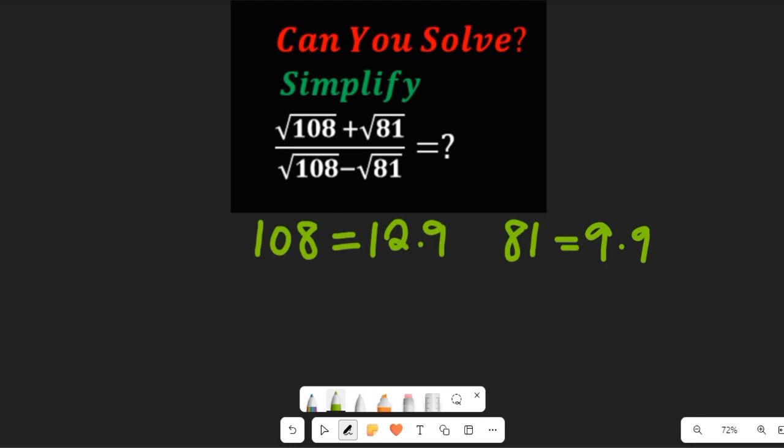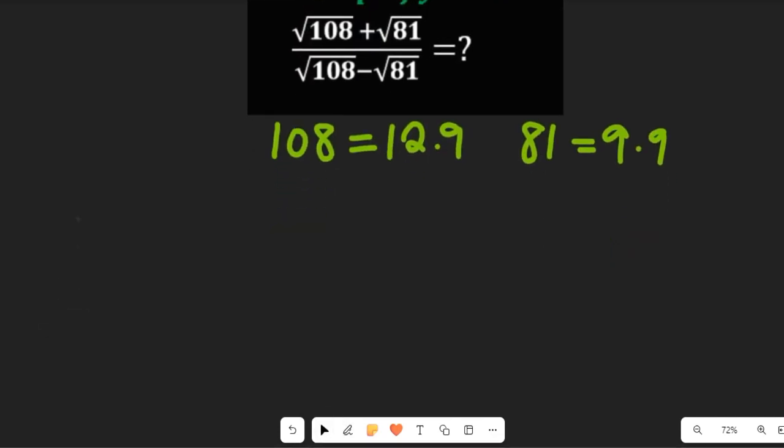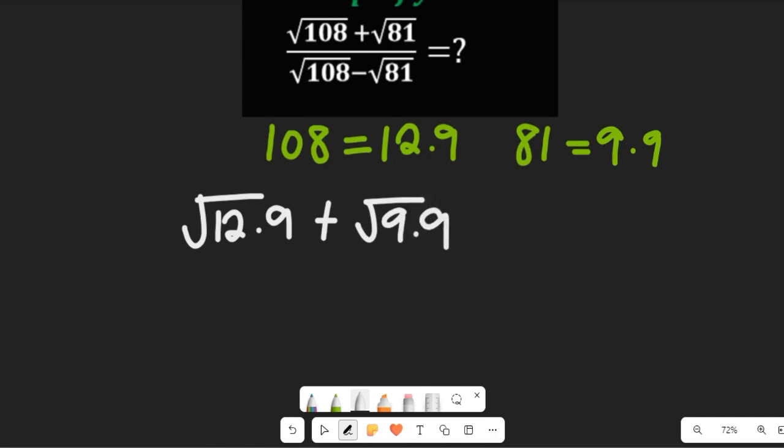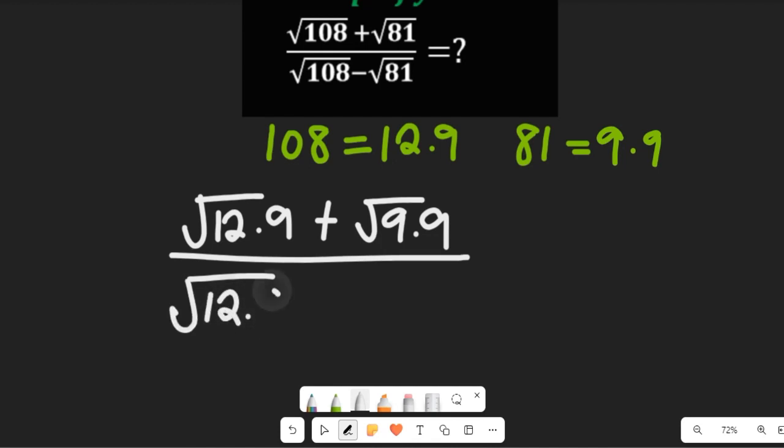So that expression now becomes the square root of 12 multiplied by 9 plus the square root of 9 multiplied by 9, all divided by the square root of 12 multiplied by 9 minus the square root of 9 multiplied by 9.